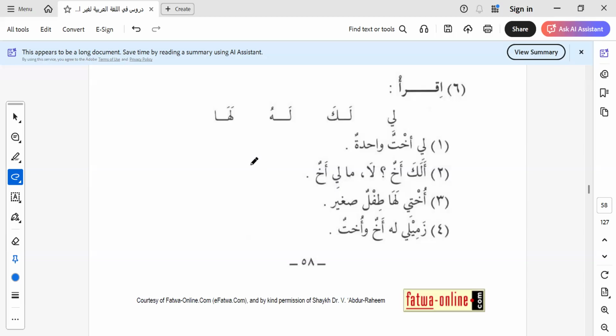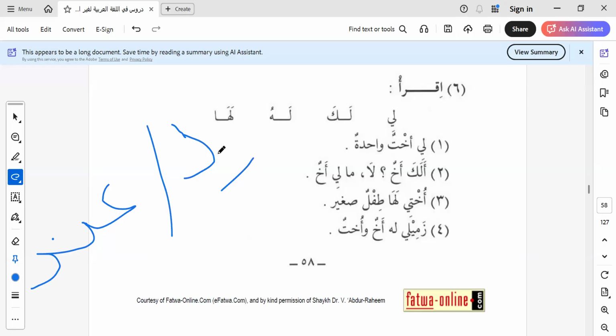So what we were saying is that talking about something that is in your possession, usually you use inda. But how do we use li? Use li for something that is a living thing, something that has sense, something that's important, like brother, daughter, sister, husband.